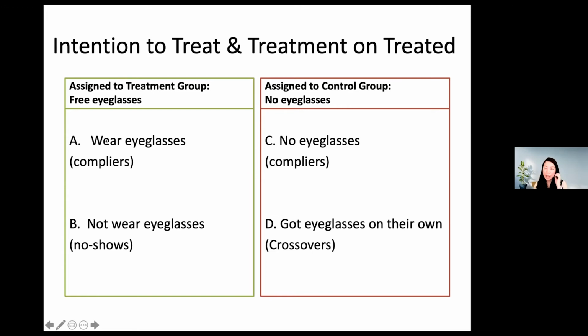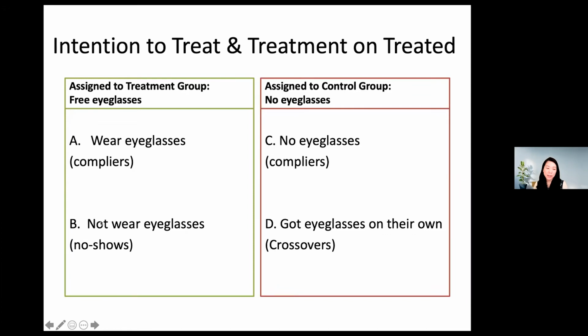They get their free eyeglasses and they will wear their glasses. So that's perfect for our experiment, right? Because we wanted to compare the myopic, the nearsighted students who get eyeglasses and wear them, with the students in the control group, right? They are myopic, but they don't have eyeglasses. So what we want to compare ideally is A and the C here, the compliers.